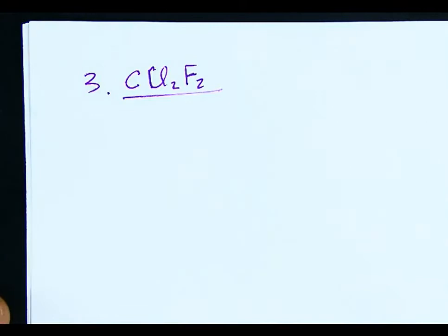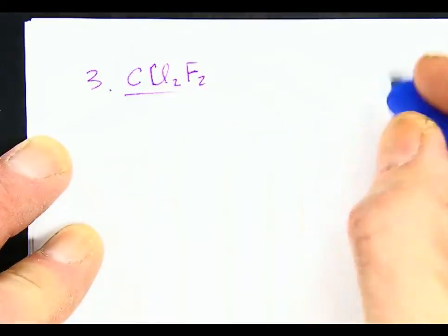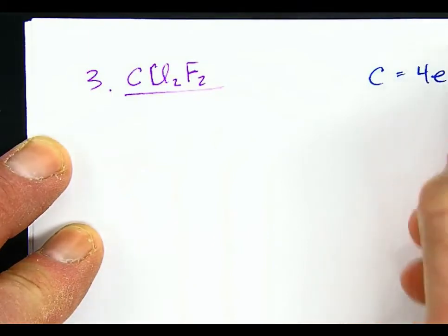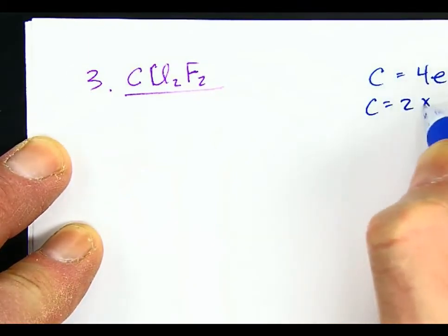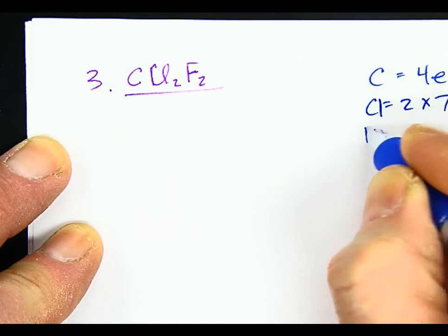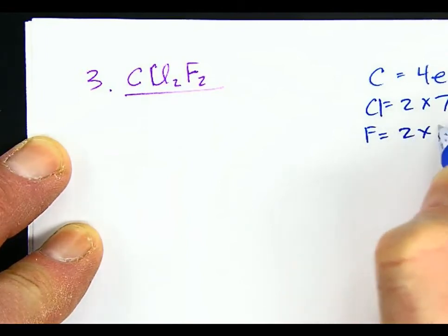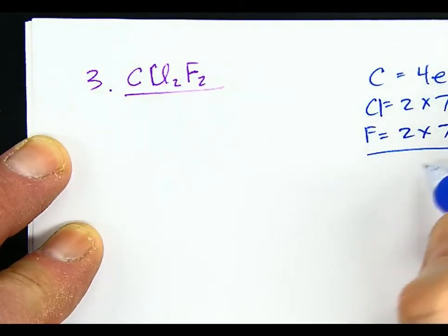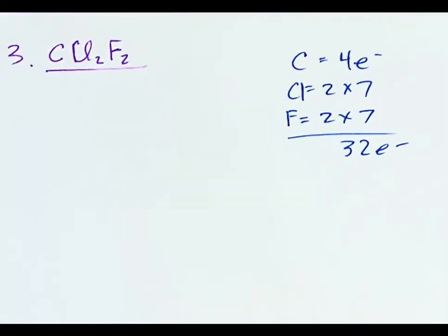So what happens? Carbon has 4. Fluorine has 2 times 7, and chlorine has 2 times 7. That's 14, 28. There's 32 electrons that have to go around this entire structure.